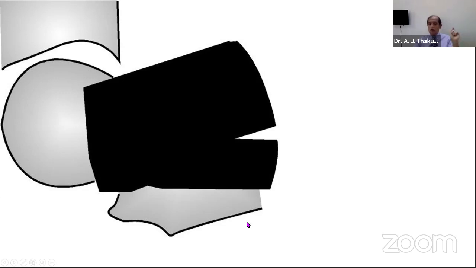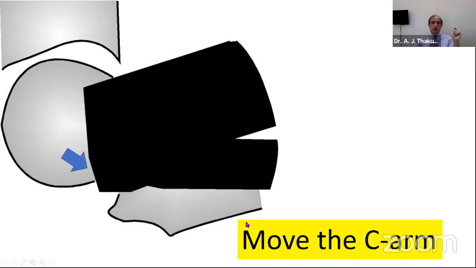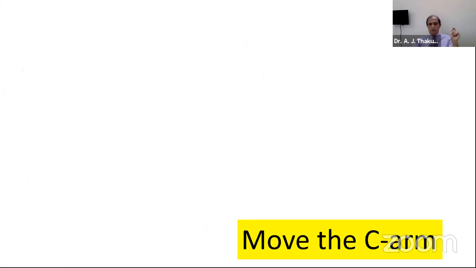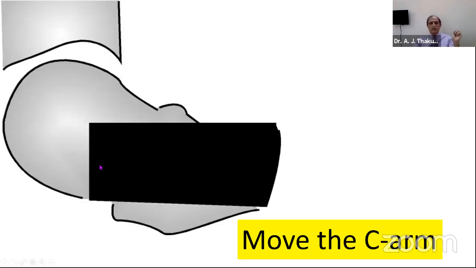So we don't want that. What we want is a shadow, and you move the C-arm all the time till you get a shadow like this. The thing to notice is that this is a perfect rectangle here. This edge is perfectly rectangular.